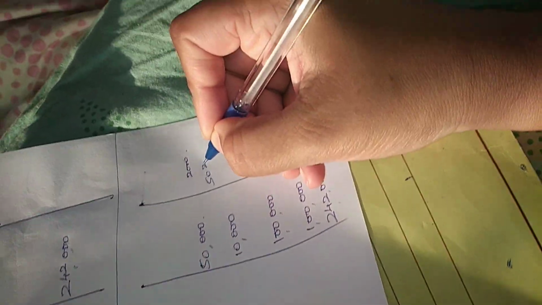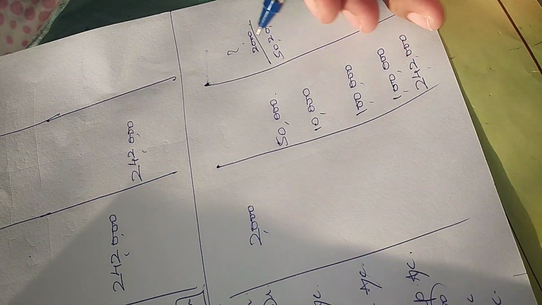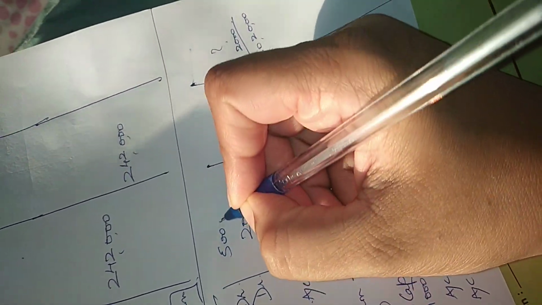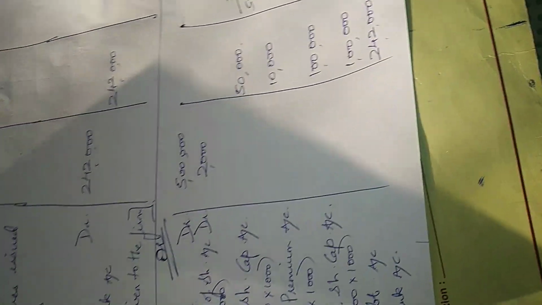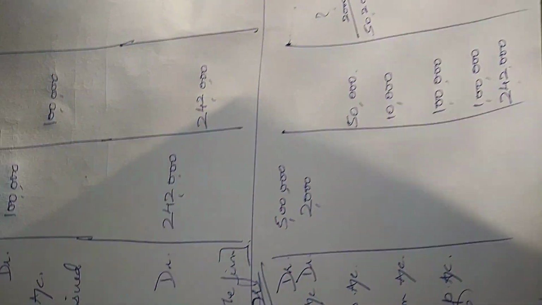This is equal to 5,02,000. So how much should I add up on the debit side so that it becomes equal to 5,02,000? It is nothing but 5,02,000 minus 2,000. So this is equal to 5 lakh. So I get that balance value on the debit side. So if you see 5,02,000 and 5,02,000, both values are same.